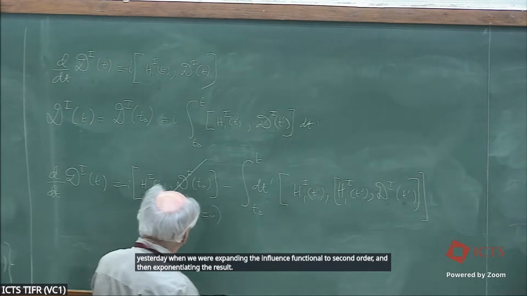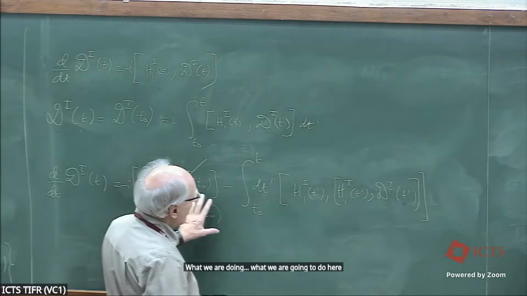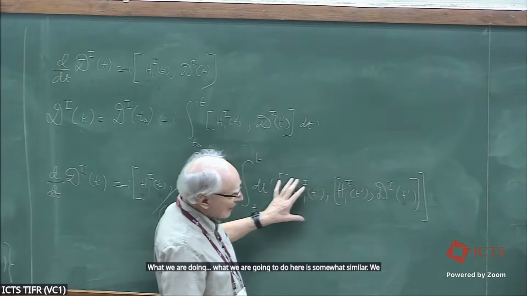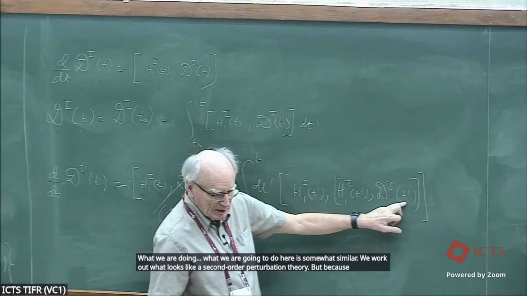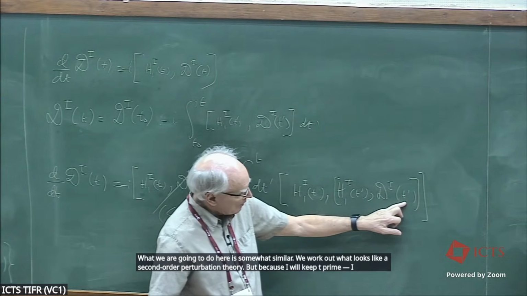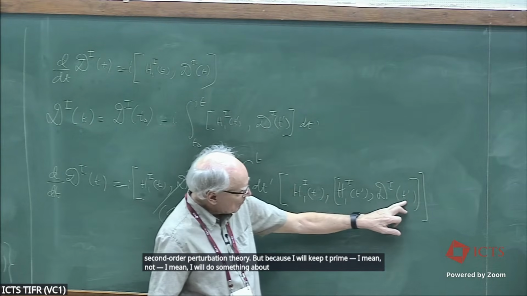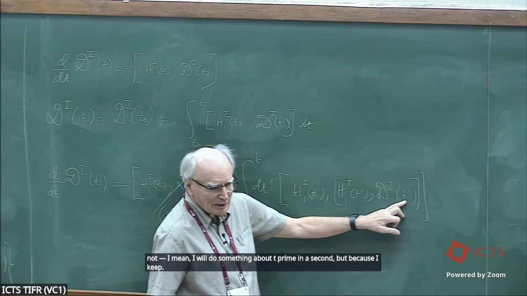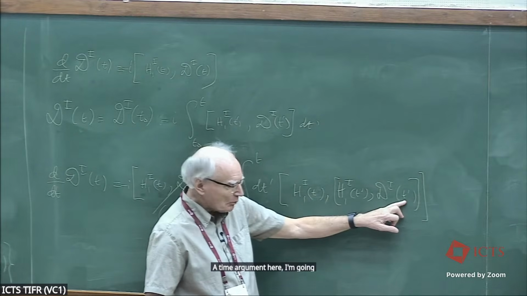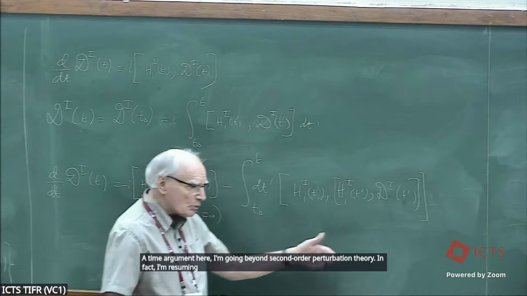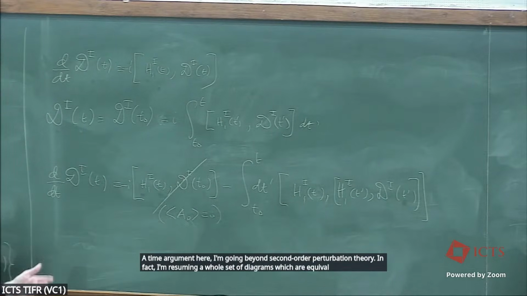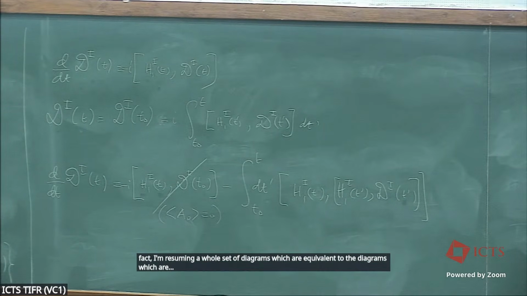What we are going to do here is somewhat similar. We work out what looks like a second order perturbation theory, but because I keep a time argument here, I'm going beyond second order perturbation theory. In fact, I'm resumming a whole set of diagrams which are equivalent to the diagrams included in the influence functional yesterday.